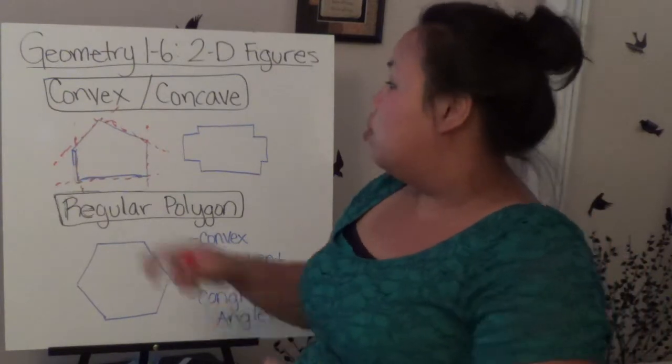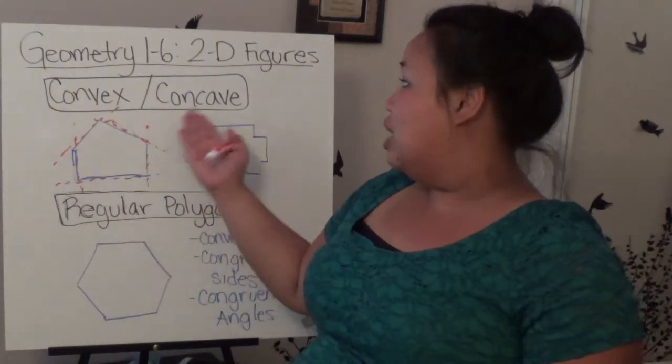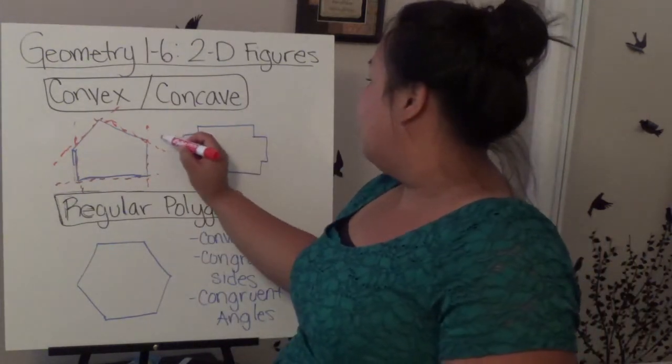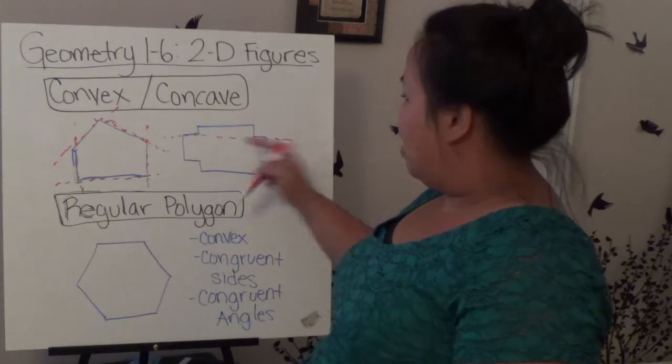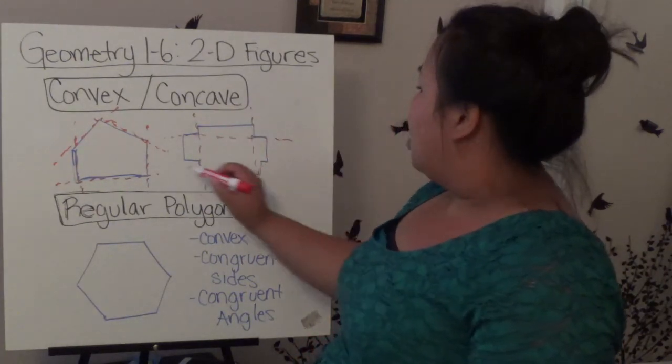These are most polygons, okay? So they don't enter at all. Basically, they don't cave in. But a concave, if I put a line here, you see how it enters on the inside, and that's the basic test to decide whether or not it's concave.